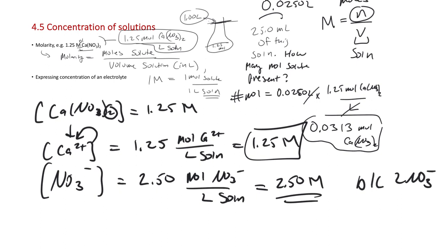That's just because there are 2 nitrate ions per 1 calcium nitrate. Pretty obvious, right?